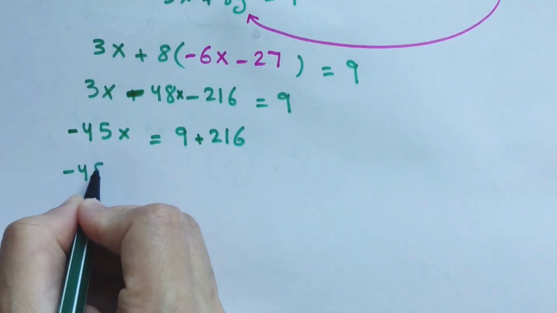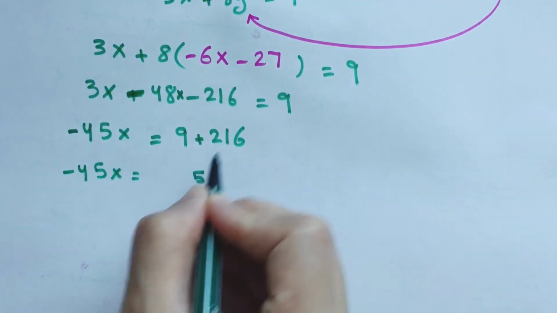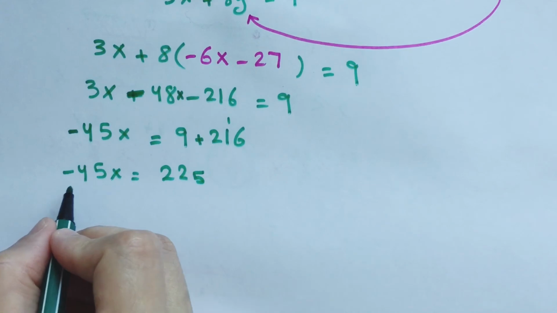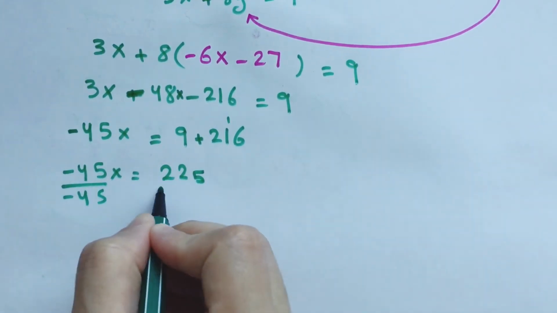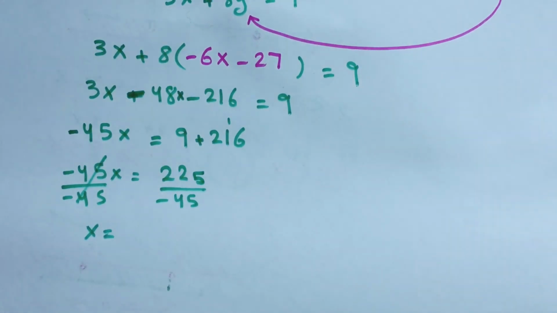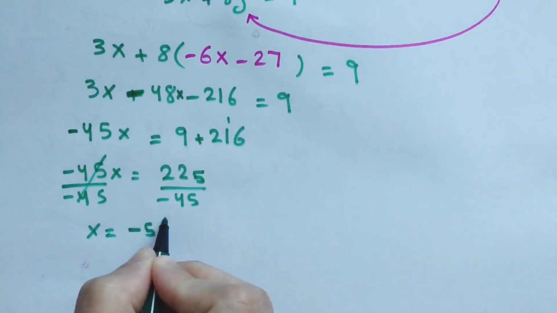So negative 45x equals 9 plus 216, 225. Now we will divide by negative 45. So x equals, let's see, 225 divided by 45 equals 5. So the answer will be negative 5.